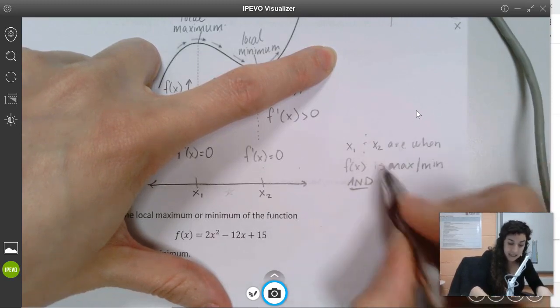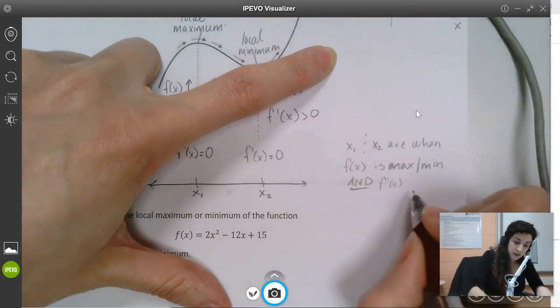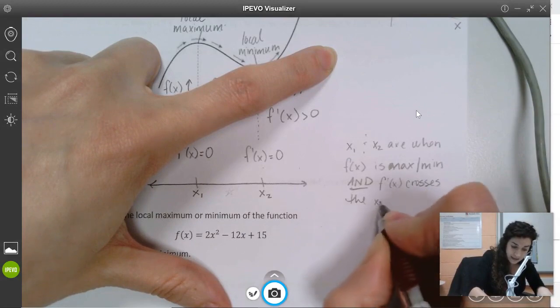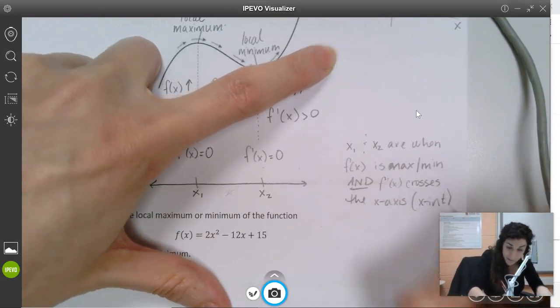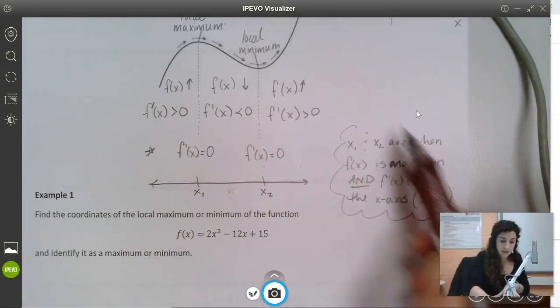and that same idea when f prime of x crosses the x-axis. In other words, it's the x-intercepts of your derivative, okay?